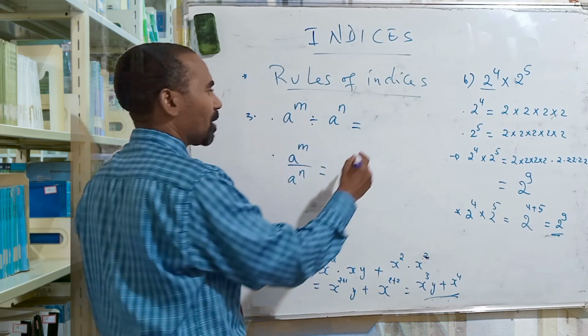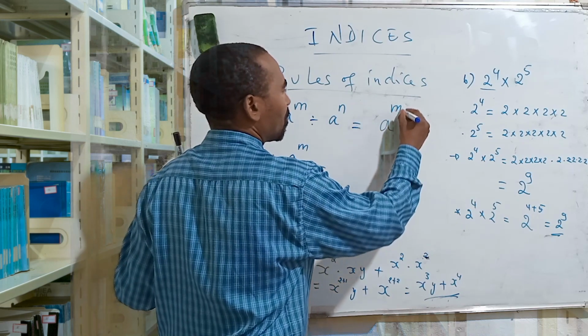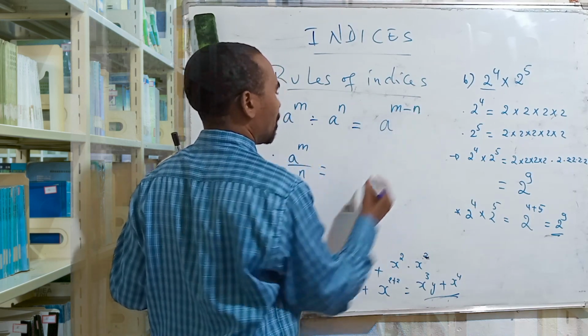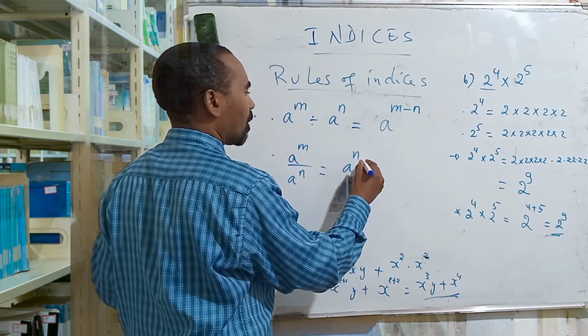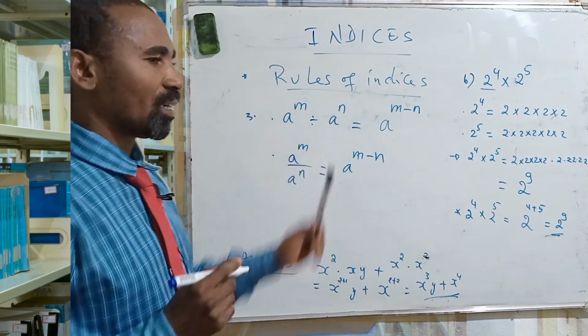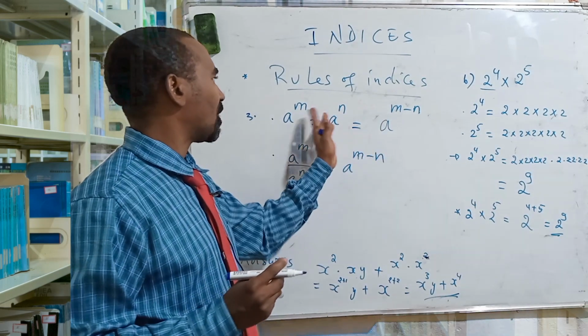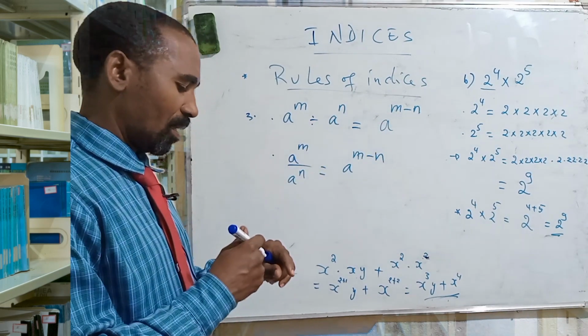This means the same: you copy the base and now you subtract the powers, m minus n. If you are dividing the indices of the same base, you copy the base and subtract the powers.